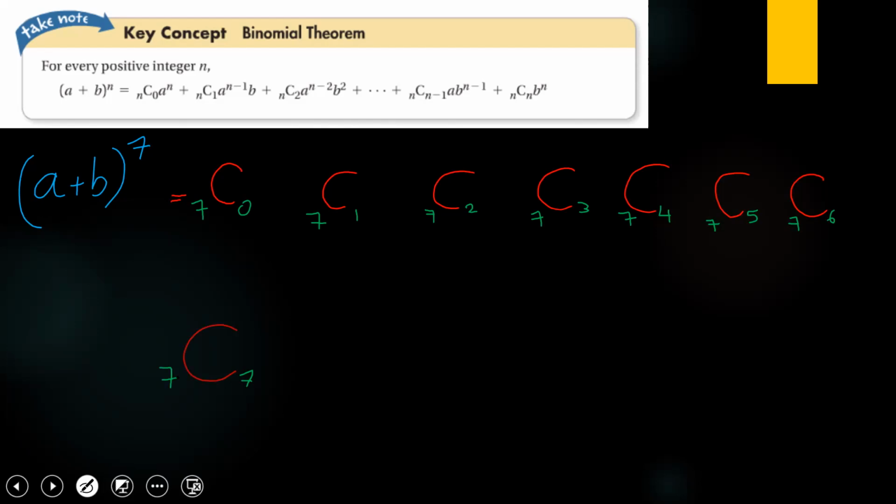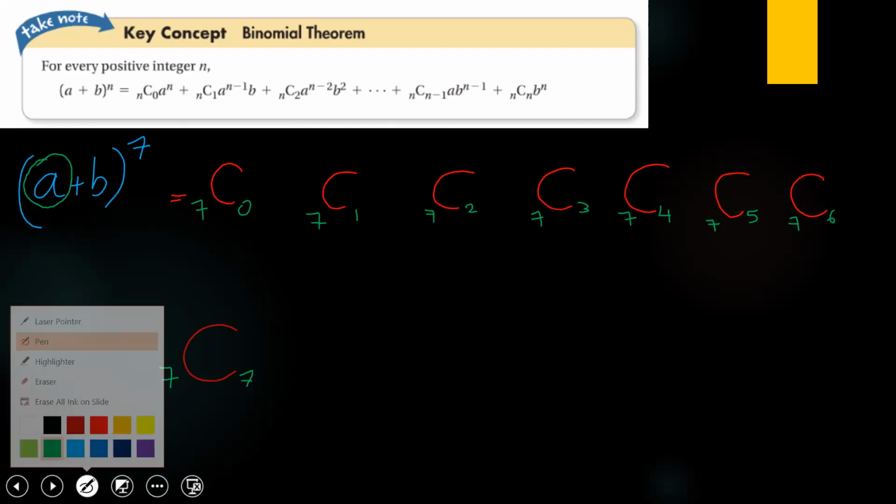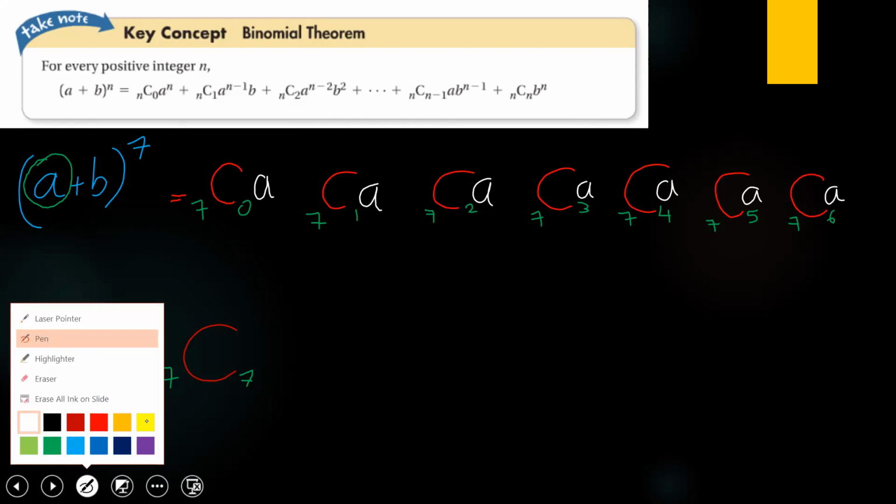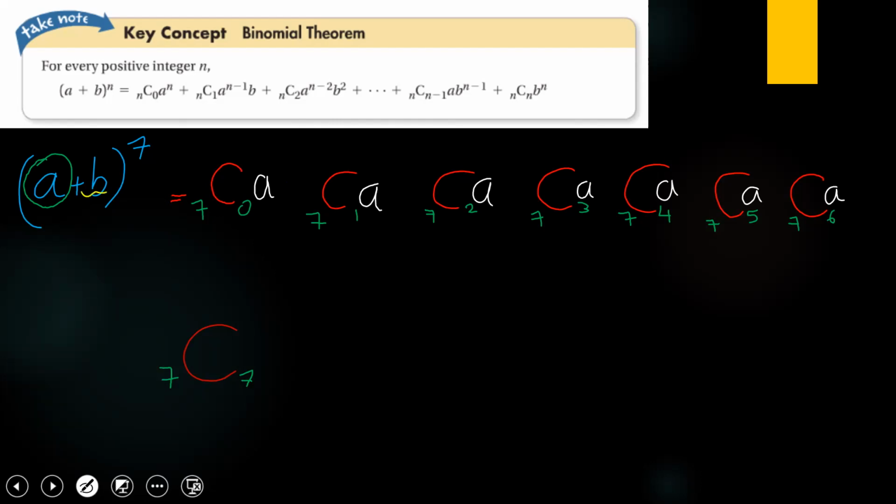Then you have to write the first term, a, and don't write it at the final term. You have to write it from the first one until the number 7. Then for b, skip the first term.